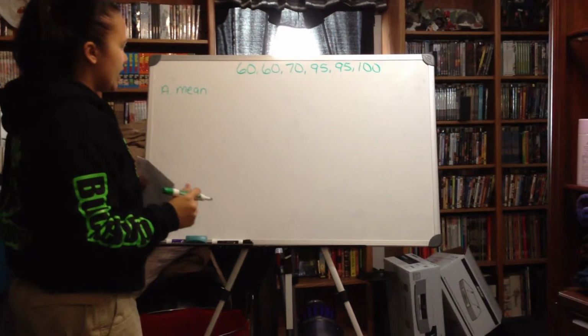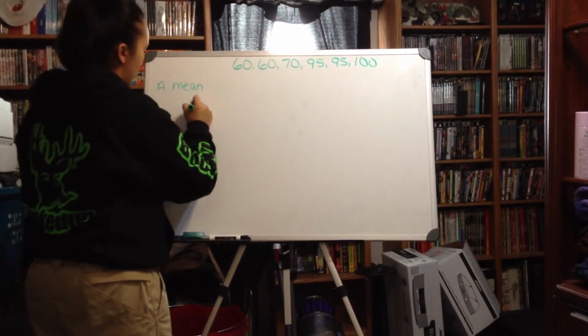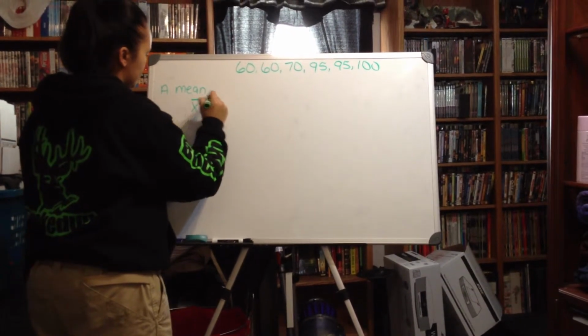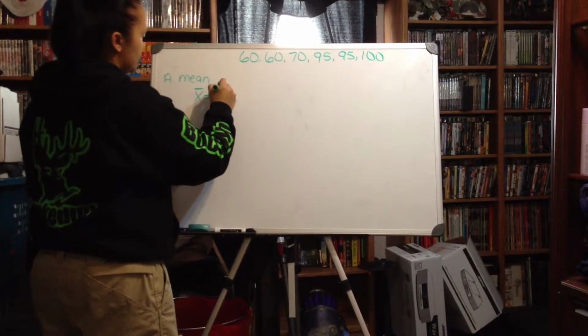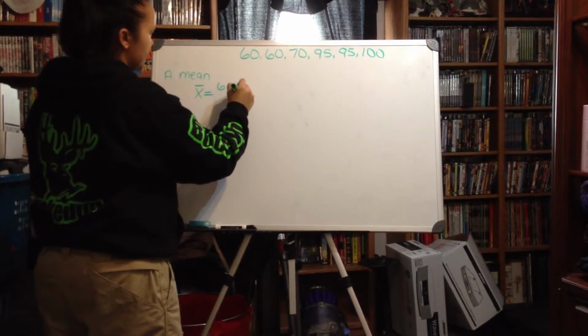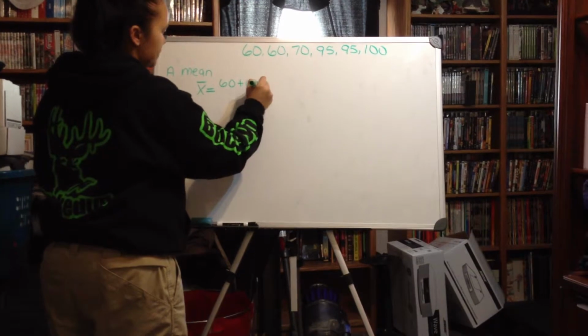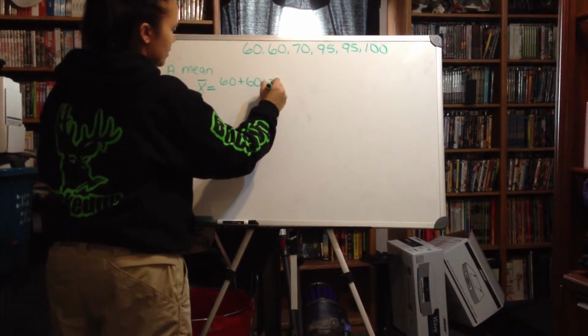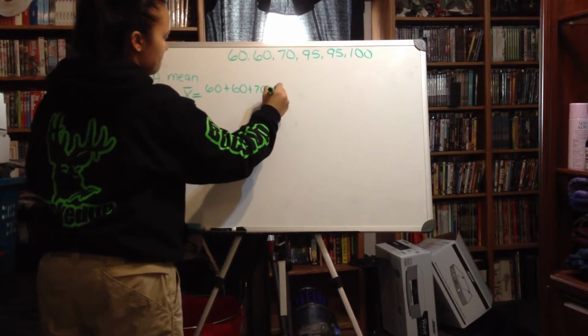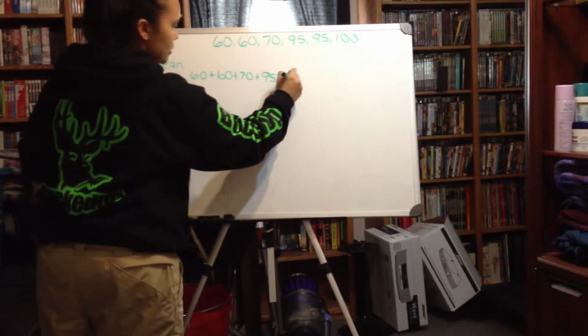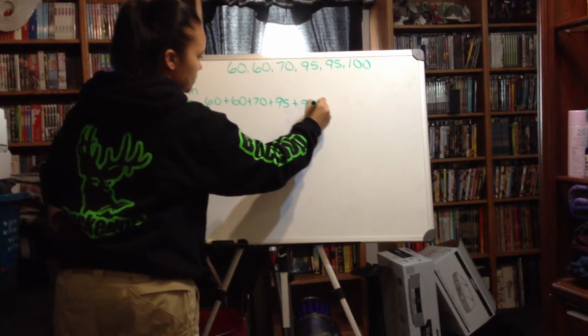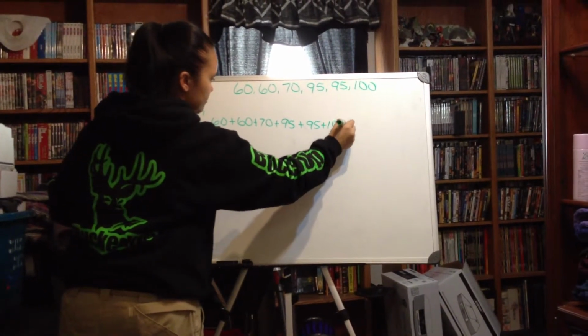First step to figuring that out is what is the X bar. So, you do 60 plus 60 plus 70 plus 95 plus 95 plus 100.